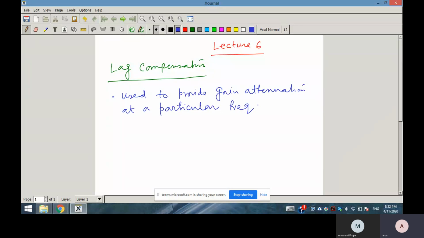But at the same time, when you are providing some gain attenuation, that means you are lowering down the gain curve of an uncompensated system.